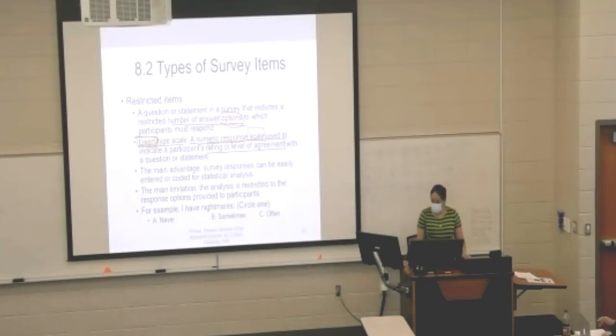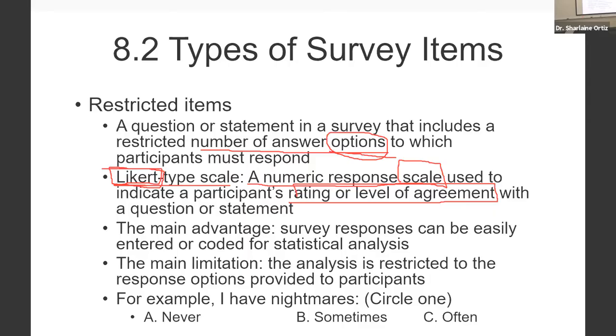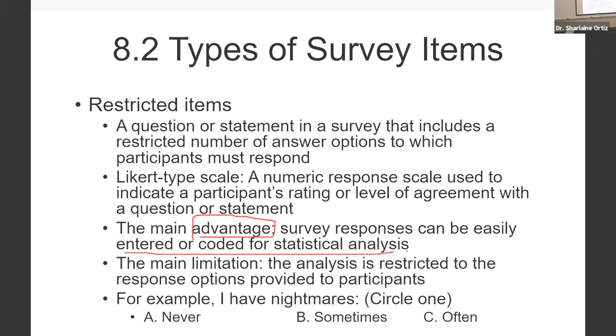Now, remember that the Likert scale is the most common method to ask for information. The thing about the Likert scale, we do have some advantages. Here, we can easily conduct a statistical analysis with the Likert scale because it's already numeric, right?